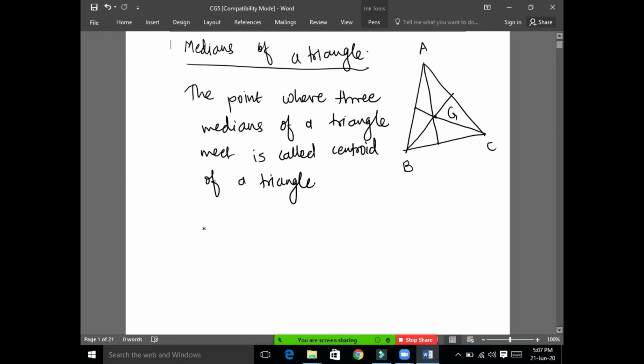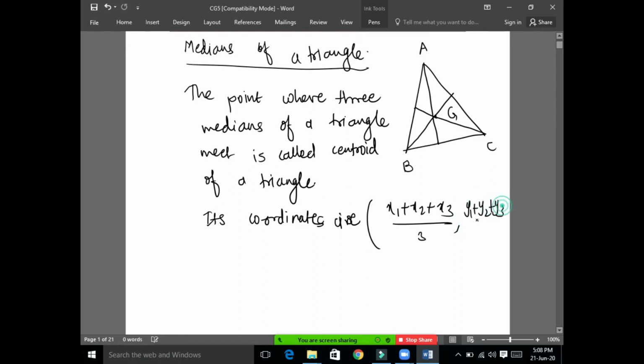So to find the coordinates of the centroid of a triangle, its coordinates are given by (x1 plus x2 plus x3) upon 3 comma (y1 plus y2 plus y3) upon 3.